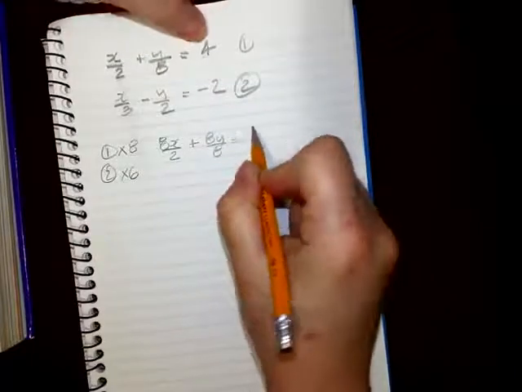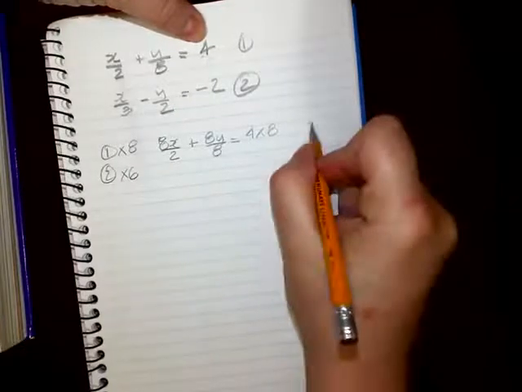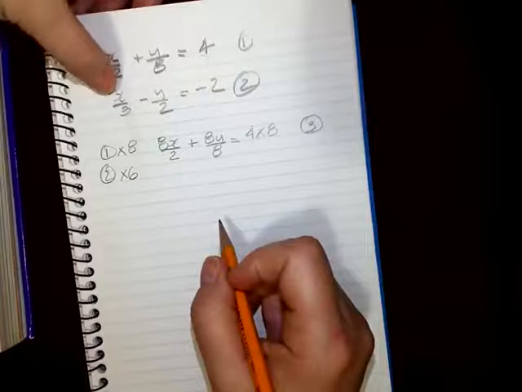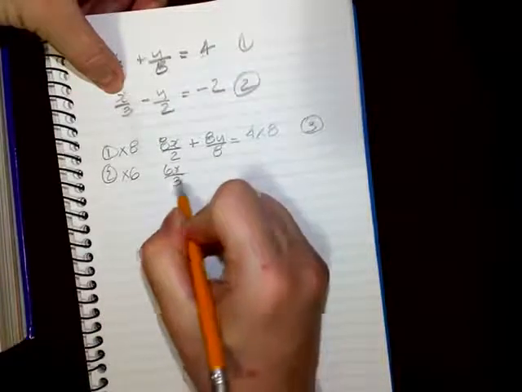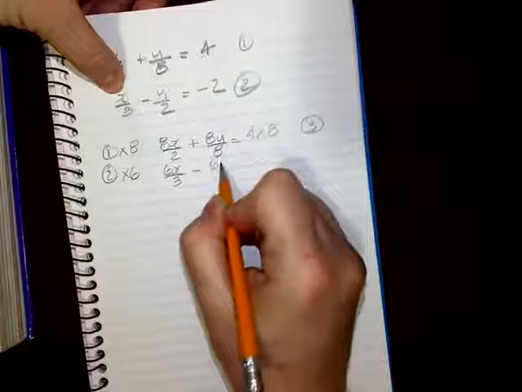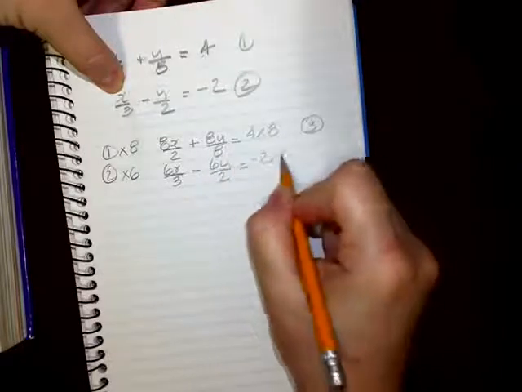And 8 times that is that. And then here, I'll call that 3. And then here we're going to multiply everything by 6. So we've got 6x over 3 minus 6y over 2 equals times 6.